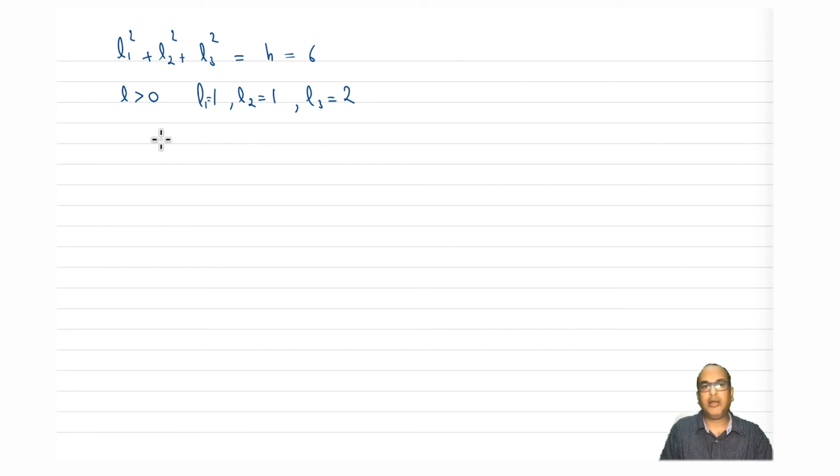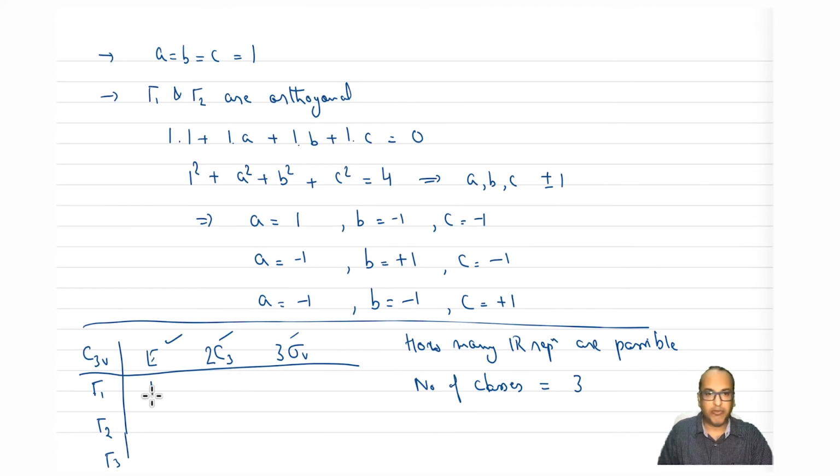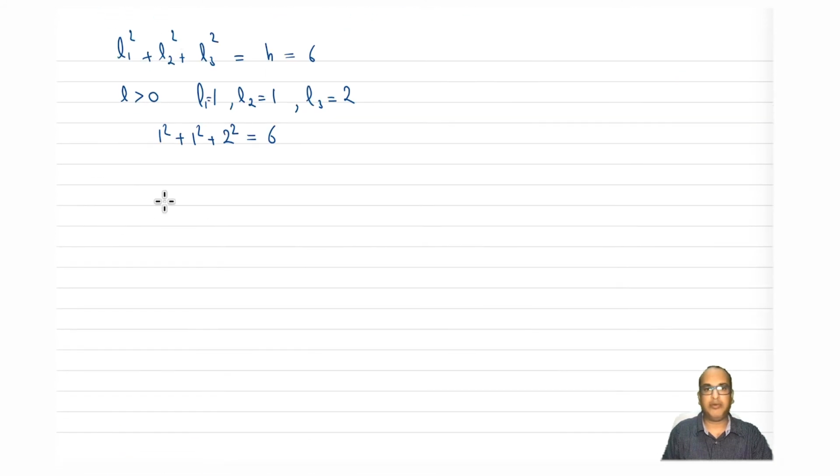So 1 square plus 1 square plus 2 square will give you 6, right? Now let us go back and fill this up. So 1, 1 and 2, right? Now let us write this as A and B and see how we solve this.